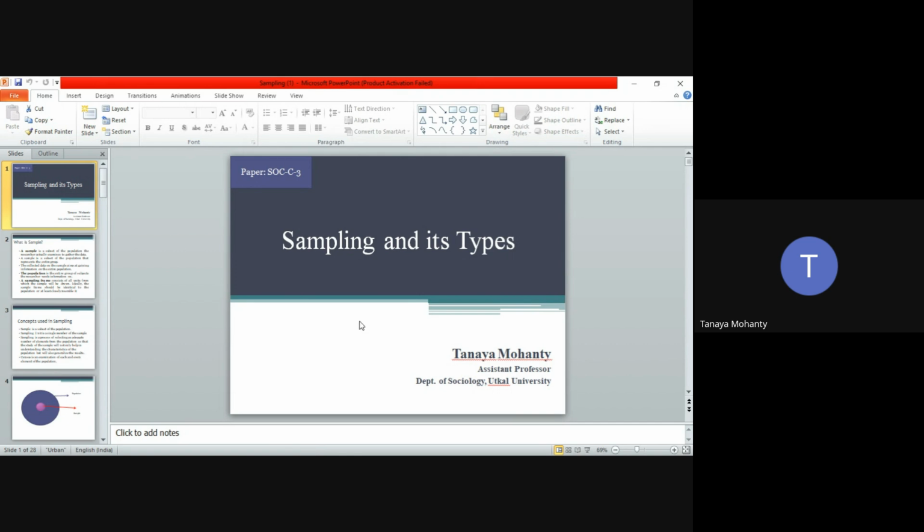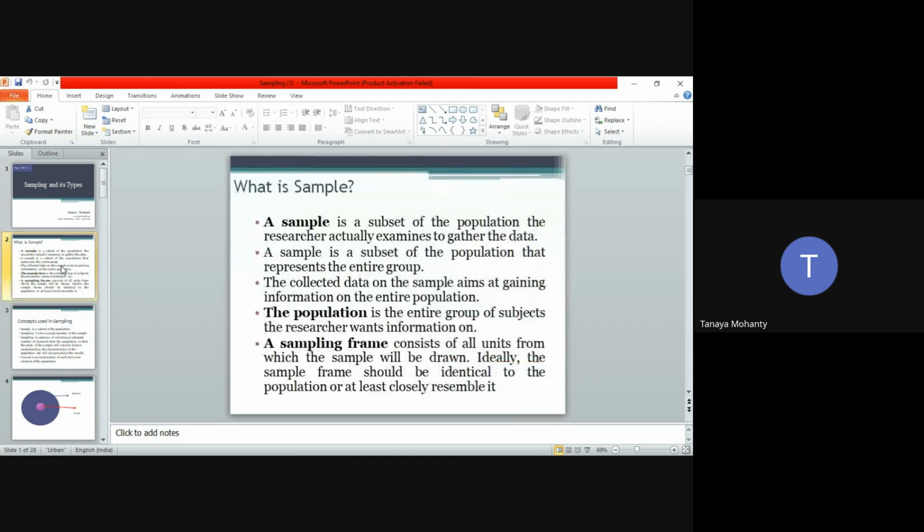So, we will go into the details of it in today's class because when we are talking about research design, sampling design is a part of it, and no research design can be complete without talking about the samples and the sample size. So basically, a sample is a subset of the population the researcher actually examines to gather the data.